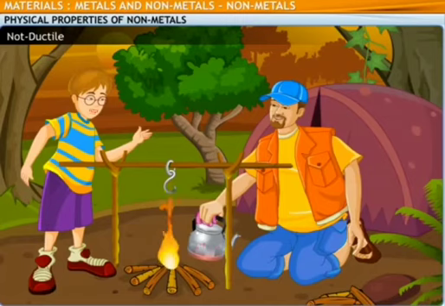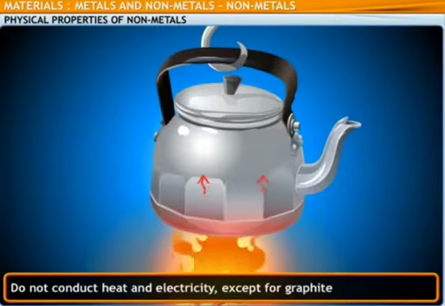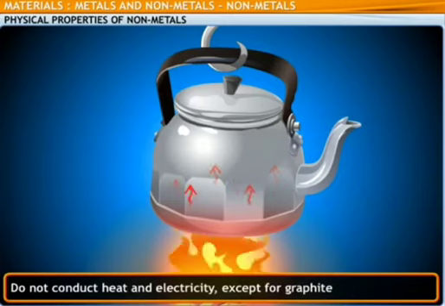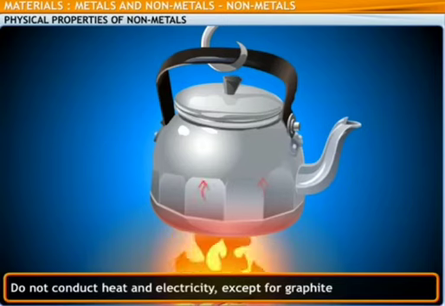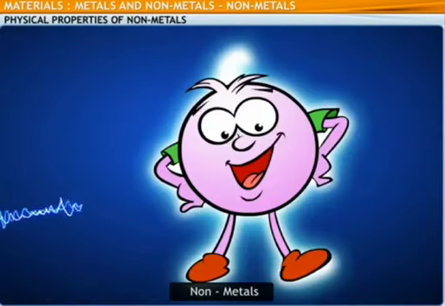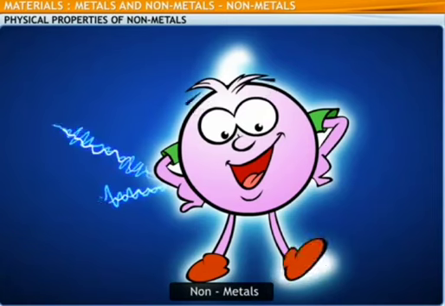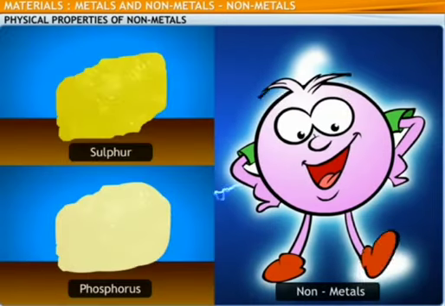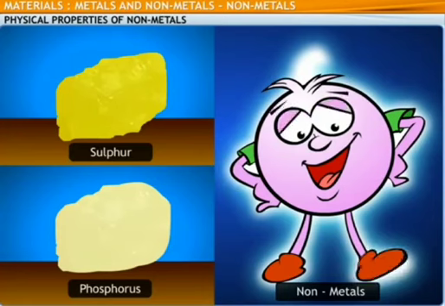Why are we using a cloth to remove it from the fire? This kettle is made of metal, which conducts heat very well. That's why the handle of the kettle is too hot to touch. Unlike metals, non-metals are not good conductors of heat. For example, sulfur and phosphorus do not conduct heat.